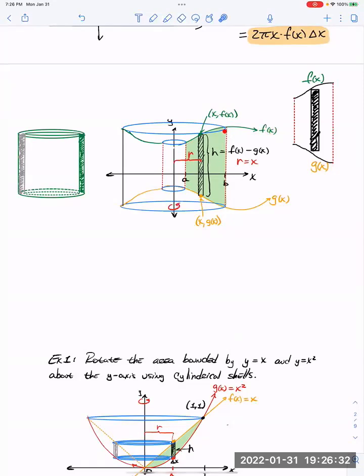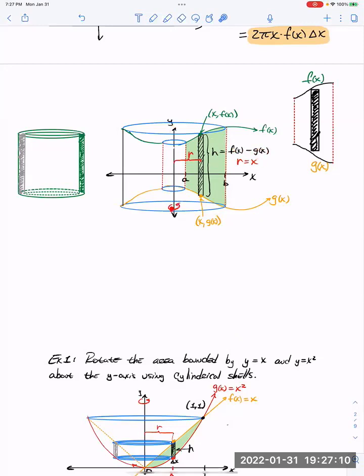The ordered pair down on g of x has the exact same x value, but a negative y value, because it's coming off of g of x. So the height h, from here to here, is this y value subtract this y value, therefore it's simply f of x minus g of x.